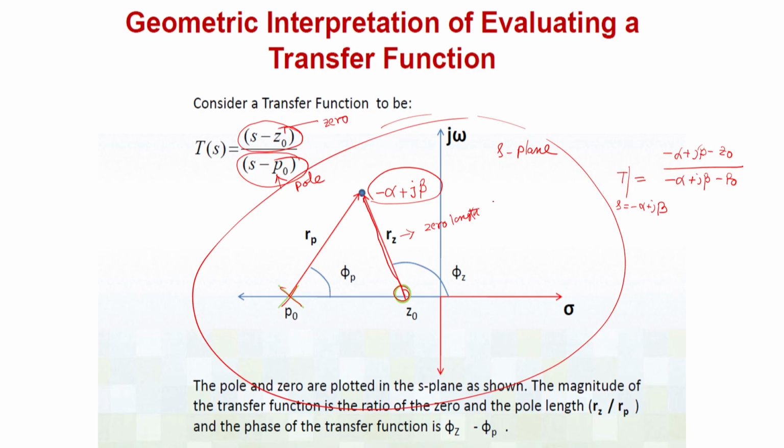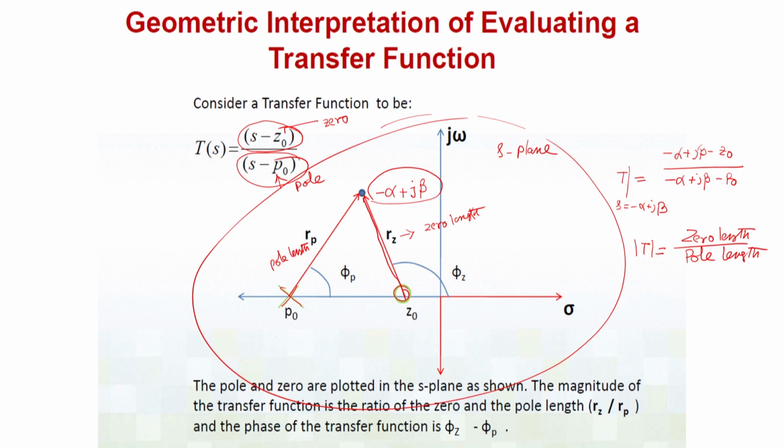And similarly, I can do this R p from the pole, and this is nothing but the pole length. I can then show that the magnitude of the transfer function will be nothing but the 0 length divided by the pole length. Okay. This is a graphical way of doing the same problem.